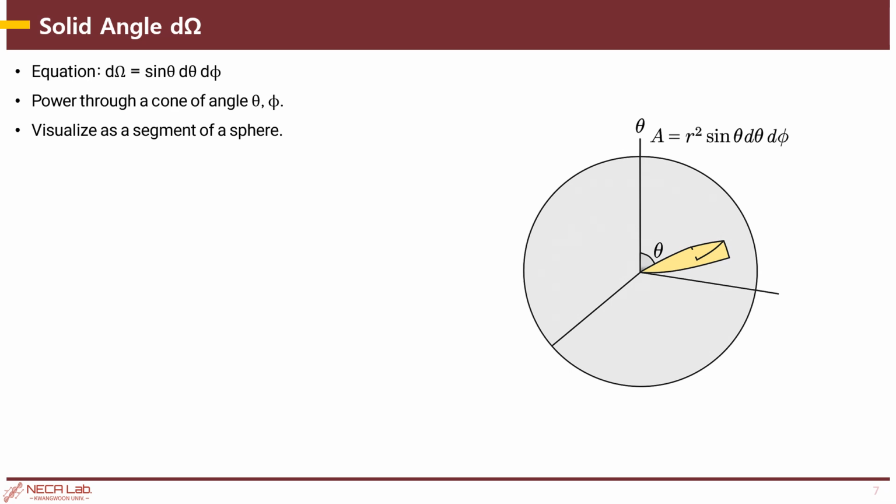So the diagram shows this concept visually. The yellow segment is a small patch on the sphere's surface defined by theta and phi and represents the solid angle element d omega. This understanding is essential for analyzing antenna radiation patterns and calculating total radiated power.